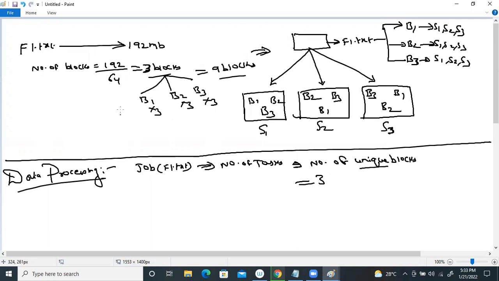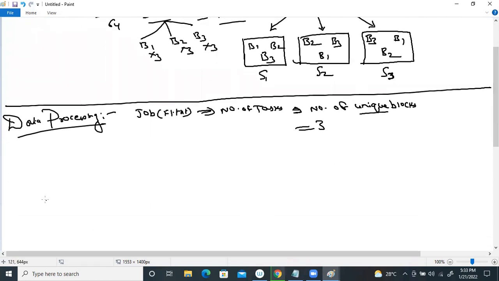Unique blocks are only 3. Duplicate blocks are 9, right?